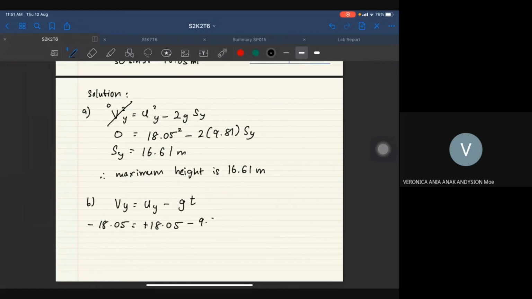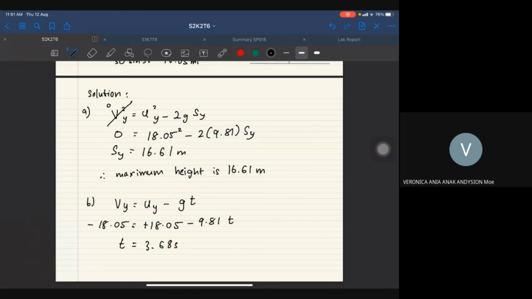Minus 9.81 T. Okay. So if you're gonna do that, so you have negative 18.05 minus 18.05 and then divided by negative 9.81, which you get T equals to 3.68, sorry.